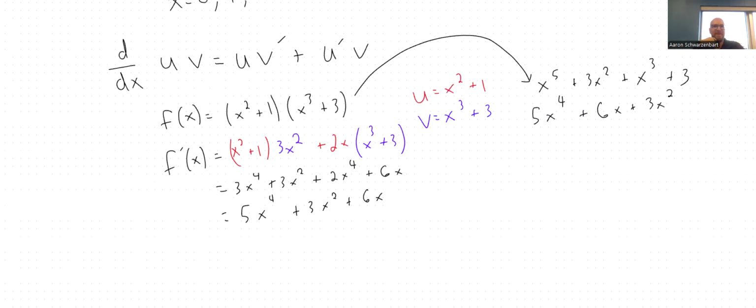That way was probably easier, but you need this rule for future ones that can't be done that way.